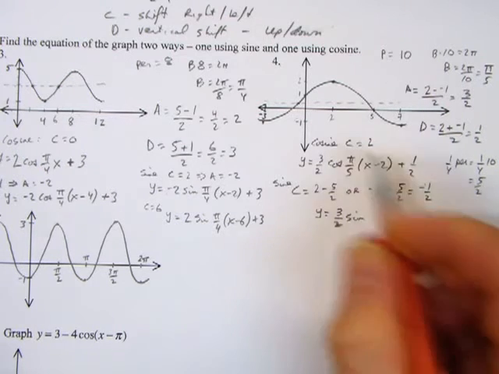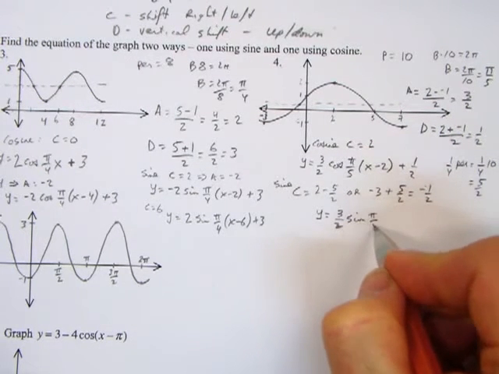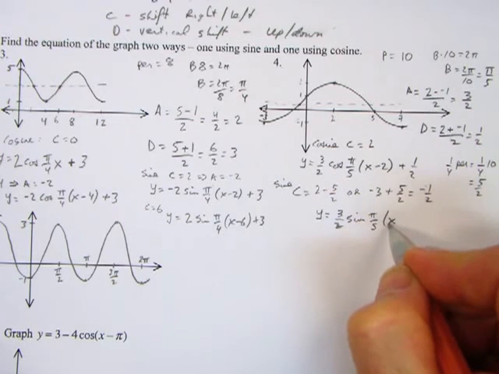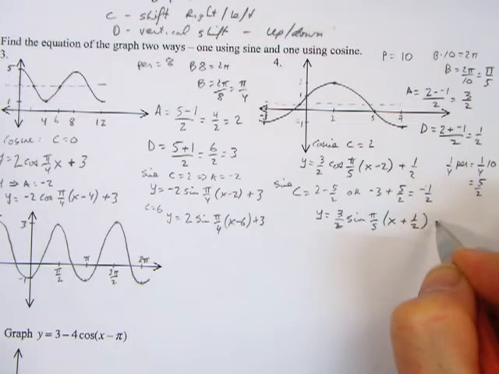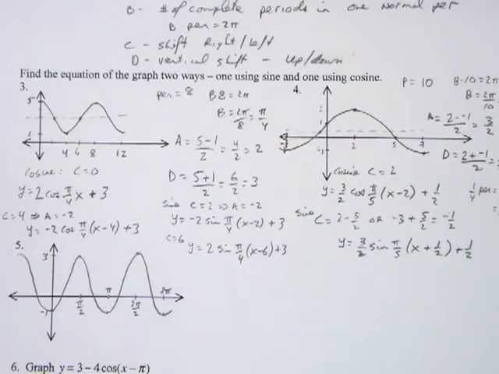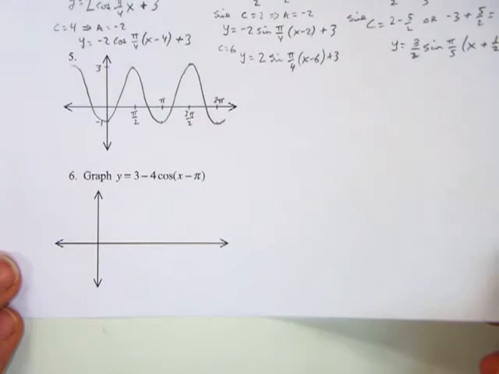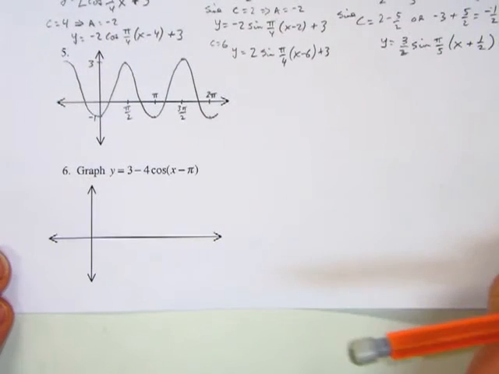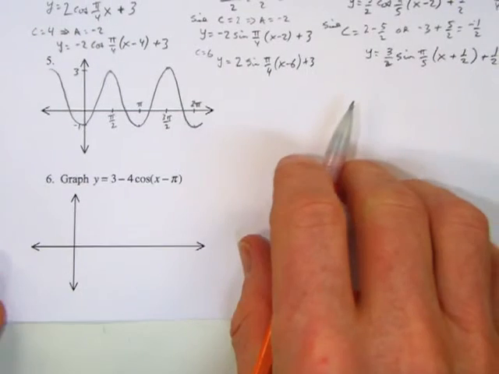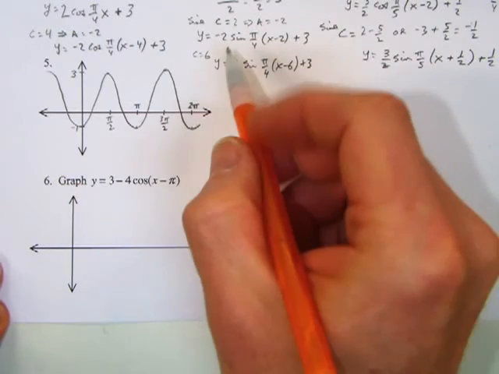The A value, we're going up, it's positive. Pi over 5 times the quantity of x plus 1/2, and then we have plus 1/2 on the outside. And just like the previous one, we could write multiple equations for it, but we're just going to do one each. Next one is just another practice of it.